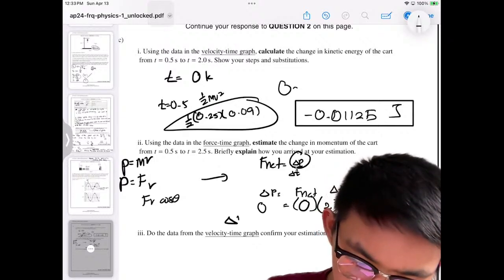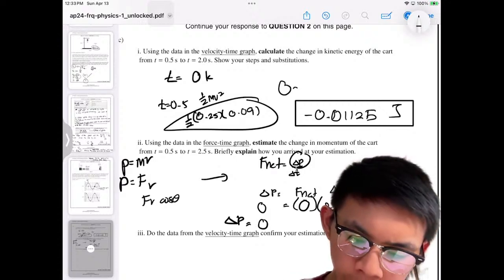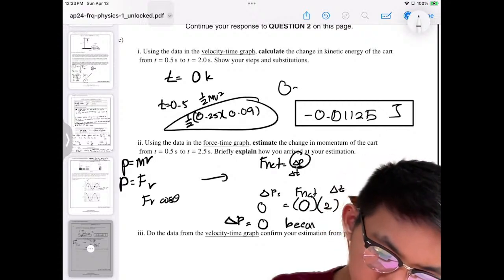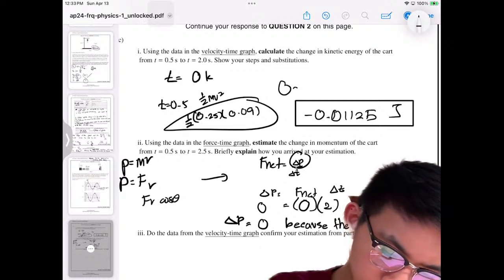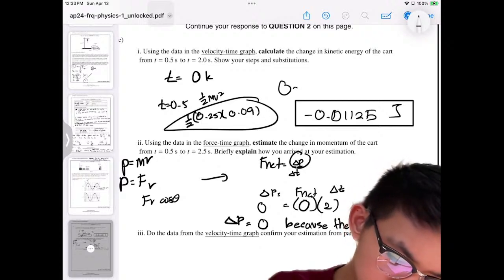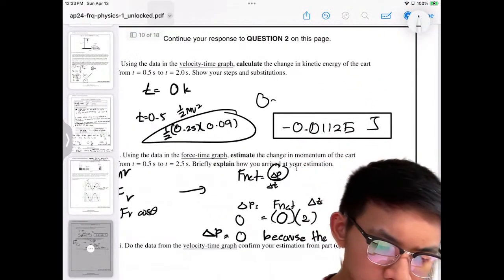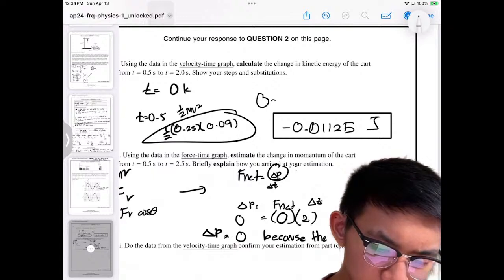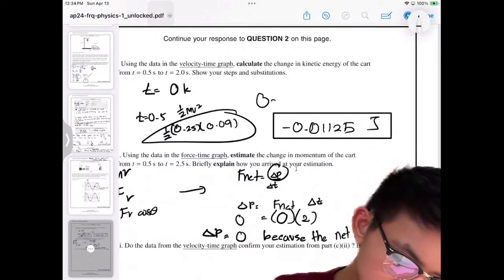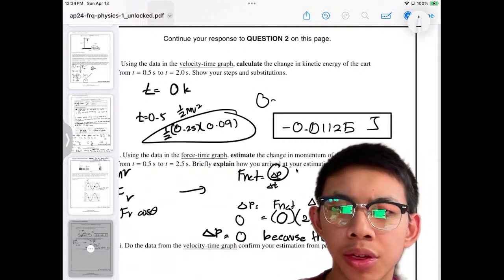So change of momentum equals 0 because the net force is 0, I think.